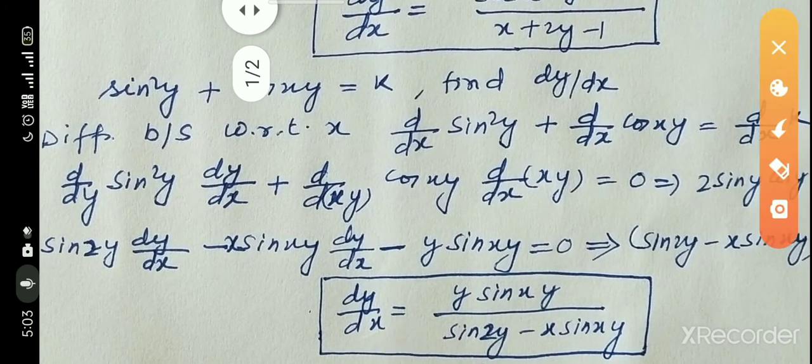We need to find here dy by dx of sin square y. So first we have to change the variable of the operator using the chain rule, and this will also be solved by the chain rule.